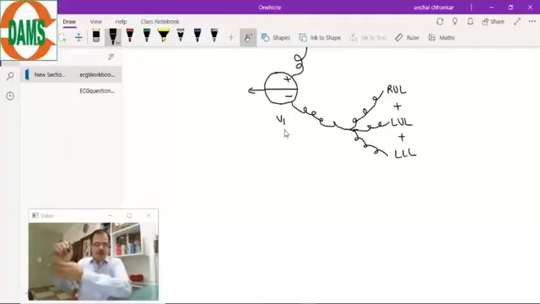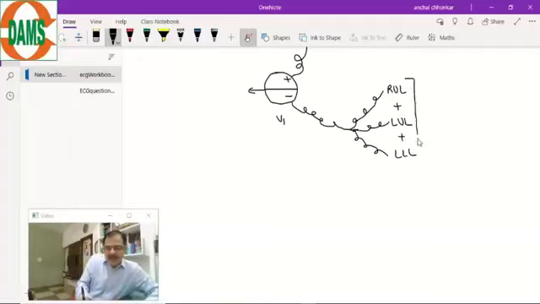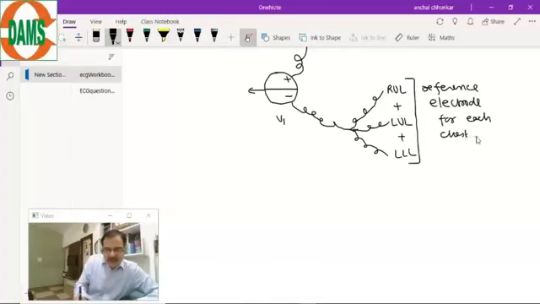So from all three limbs, wire will come and get connected into the negative pole, and this is the reference electrode for each chest lead.